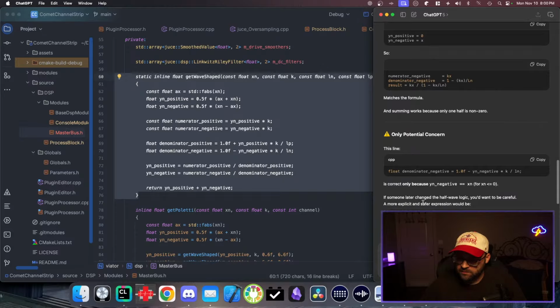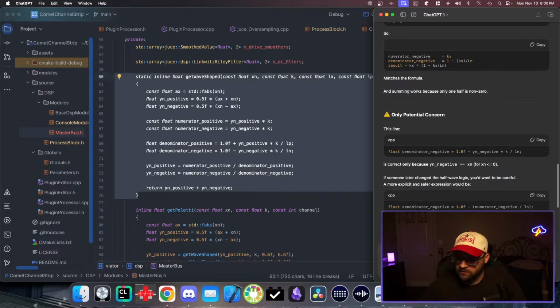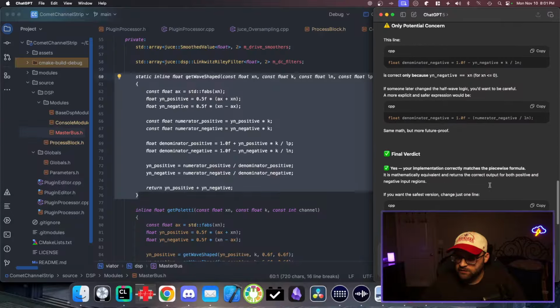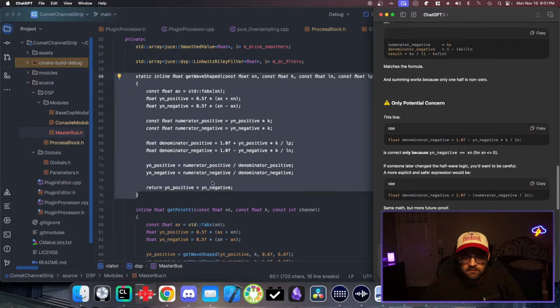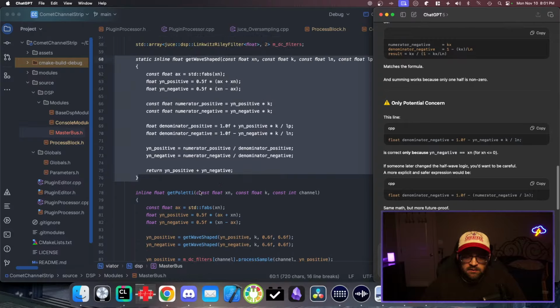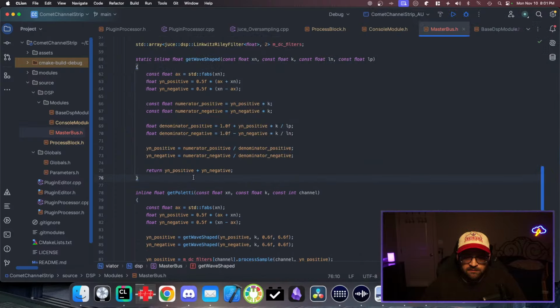A more explicit and safer expression would be denominator negative equals 1 minus yn negative. I don't know if that's actually a problem. I don't think that's a problem. So it says it's correct.